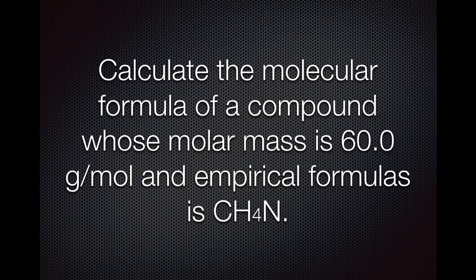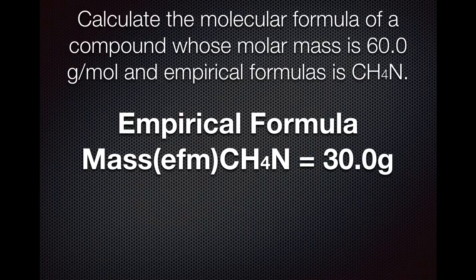The first thing you need to do is find the empirical formula mass, which is the same as finding the molar mass of CH4N. Carbon is 12, hydrogen is 1 each, you have 4, so that's 4 grams, and nitrogen is 14.0. So 14.0 plus 4 is 18, plus 12 for carbon gives you 30.0 grams.